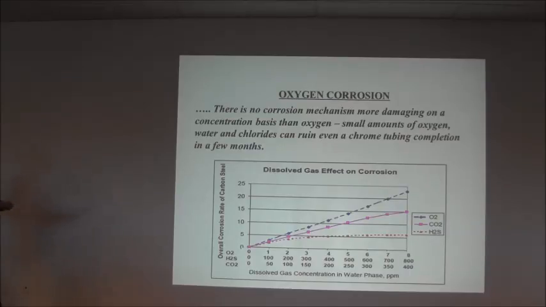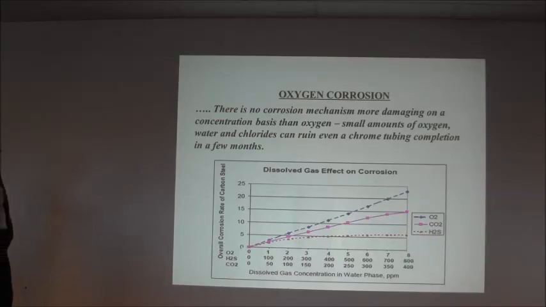I had never seen this slide before, but I thought it was quite dramatic when you look at 8 ppm of dissolved oxygen giving you a corrosion rate of over 20 on this relative scale, while you have 100 times more H2S and 50 times more CO2. That small amount of oxygen outweighs those dramatic concentration differences. So this chart was really like, wow, never knew the difference was that dramatic.